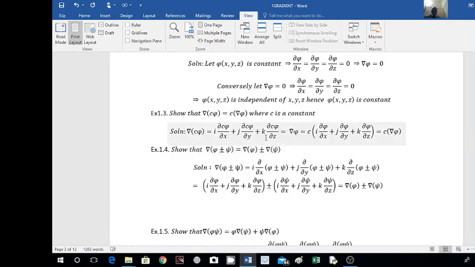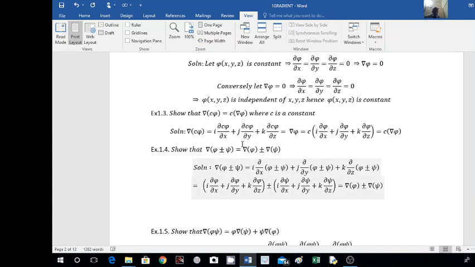Now, as c is a constant quantity, can you take this c outside here? Yes, I can. c into ∂π/∂x, c into ∂π/∂y, c into ∂π/∂z I can write here. So that is taking c as a common factor outside, we get i ∂π/∂x plus j ∂π/∂y plus k ∂π/∂z. This is nothing but c into del pi.